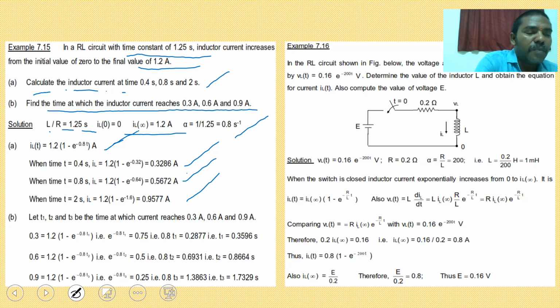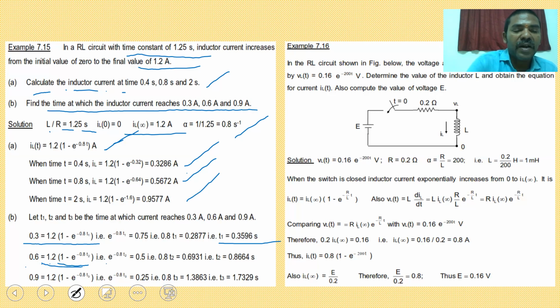So now 0.3 is equal to 1.2 into 1 minus e power minus 0.8 T1. We substitute and calculate the value. Finally we get T1 equal to 0.3596 seconds. Then substitute IL of t equal to 0.6 amperes: 0.6 is equal to 1.2 into 1 minus e power minus 0.8 T2.